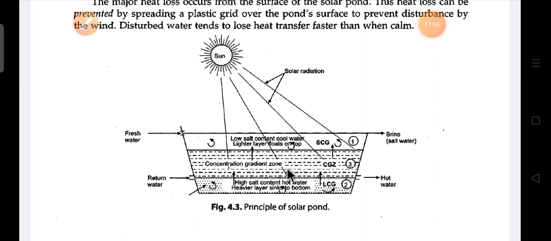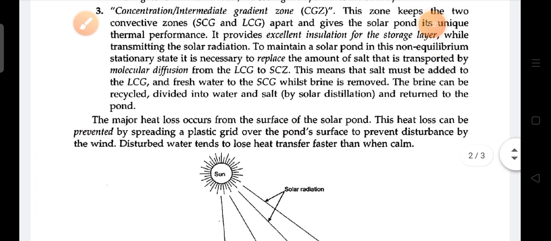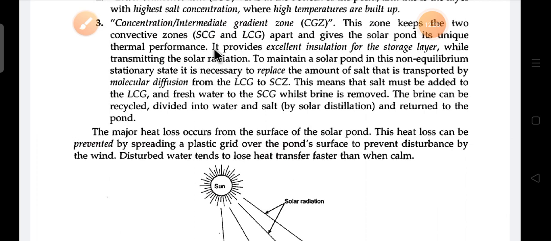This concentration gradation zone separates the two layers: one layer has low salt concentration and the other has high salt concentration, and this zone makes an insulating layer. It provides excellent insulation for the storage layer, which stores the solar radiation.